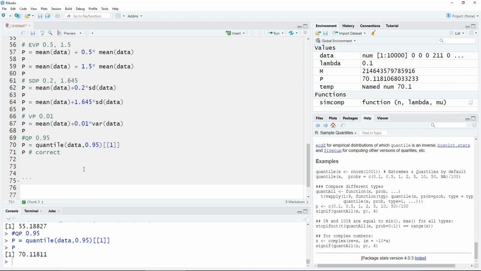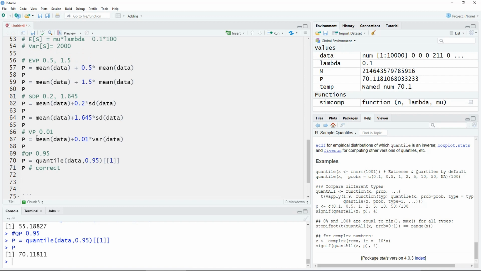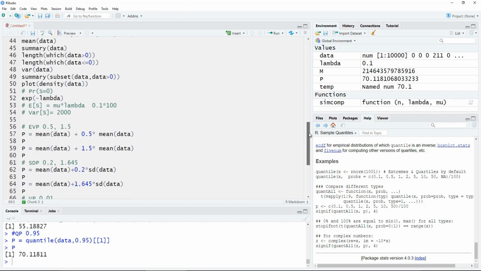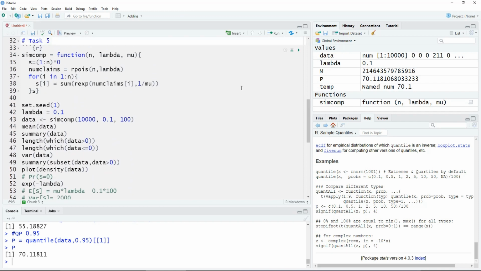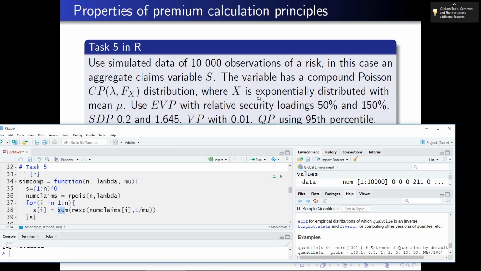So these are 4 different principles to calculate the premium depending on the distribution we have. In this case we have the distribution which was the compound distribution. It contained Poisson distribution, and in order to make it compound we summed up the exponents, where x was exponentially distributed with mean, so we summed up the exponents.